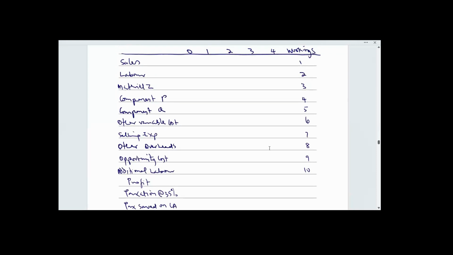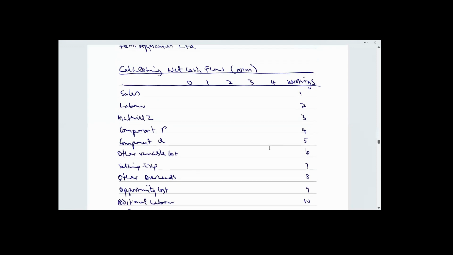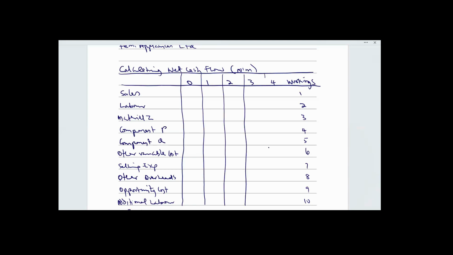So let's draw our table. I have to manage. My hand is not straight; I'm not using a ruler. Manage it like that.